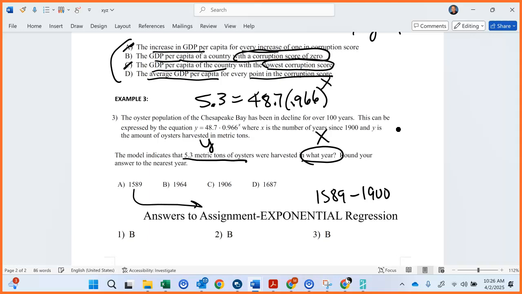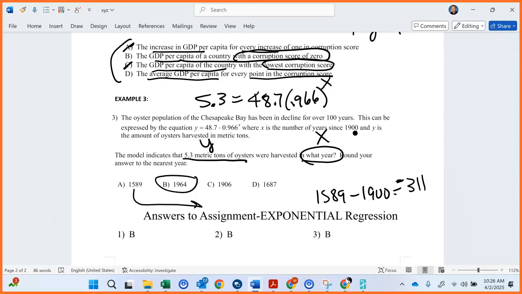That's going to give us a negative number. That's 311 years, but it's negative 311. So that seems weird. You know what I'm going to do? I'm going to try B, because it doesn't seem like it's going to be 300 years ago. That doesn't seem like a reasonable answer.